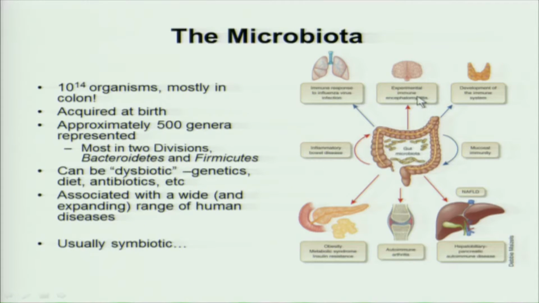We're interested in effects on Parkinson's disease, development of the immune system, effects on viral pathogenesis, response to antibodies, obesity, metabolic syndrome, a lot of endocrinologic abnormalities, autoimmune diseases, osteoporosis, and liver disease is another area we're very interested in. So these are all areas where, quote, dysbiotic microbiota can affect disease states.